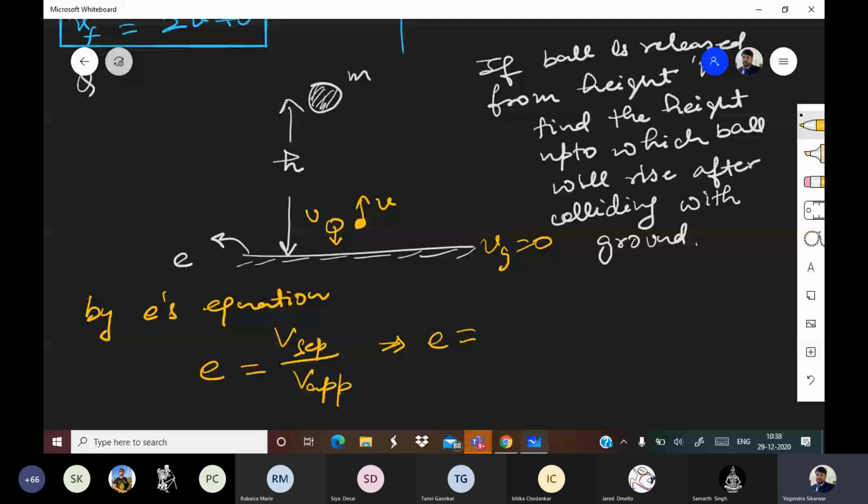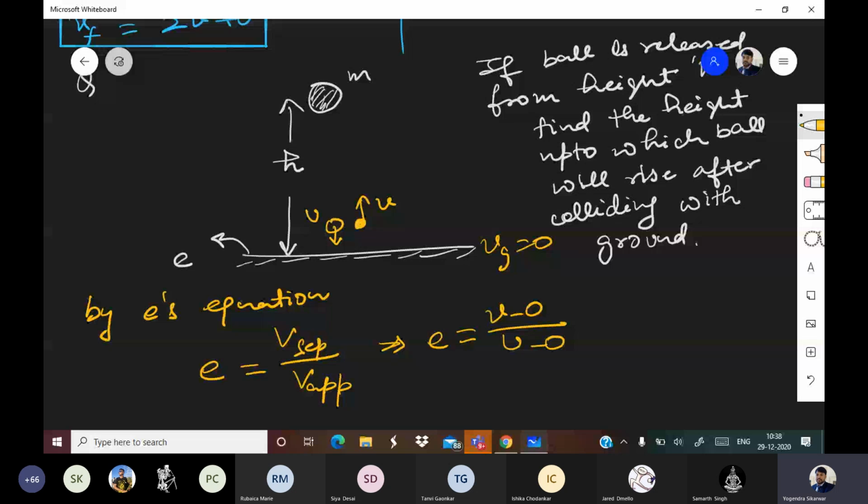So velocity of separation will be V minus 0 because only ball is going away. Ground is not going with the ball. Now velocity of approach was u minus 0 because only ball was coming to ground. Basically what we are saying is that ground will remain unmoved.